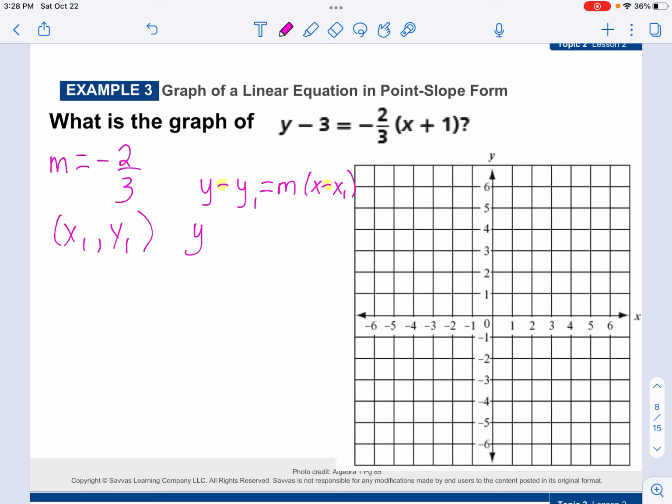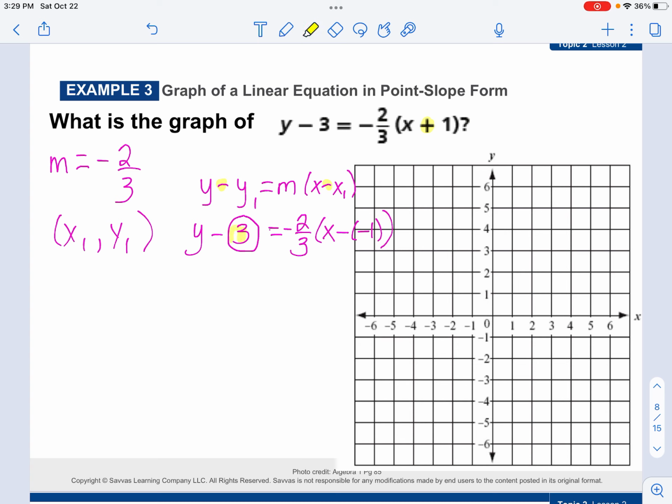So y minus 3, I can clearly see that I have a y1 of 3, just 3, not negative 3, is going to equal my slope of negative 2 over 3, x minus, the only way to get a positive here is if x1 was a negative 1.